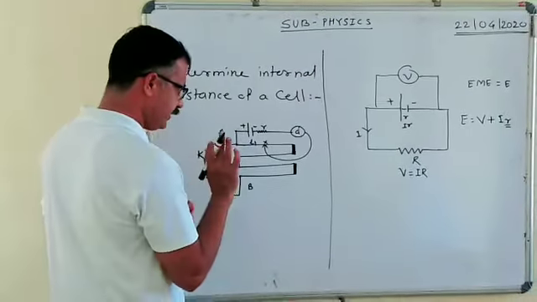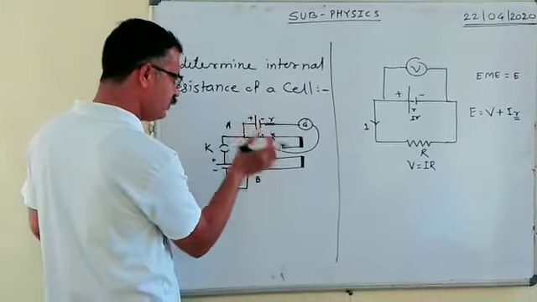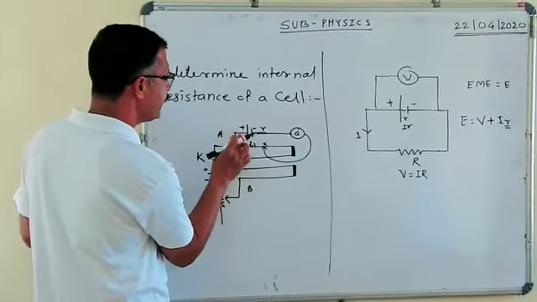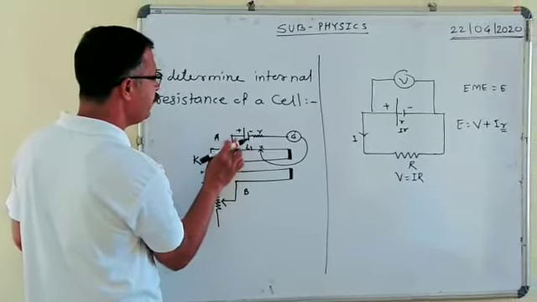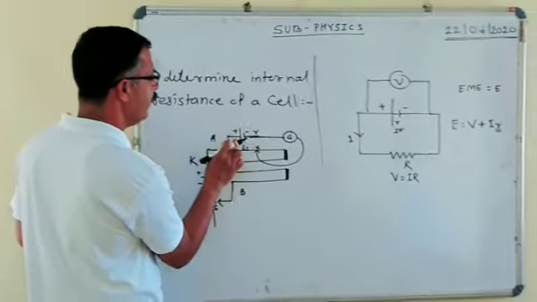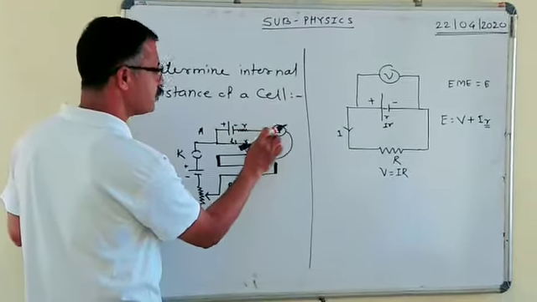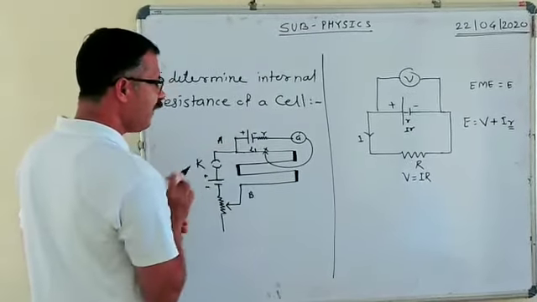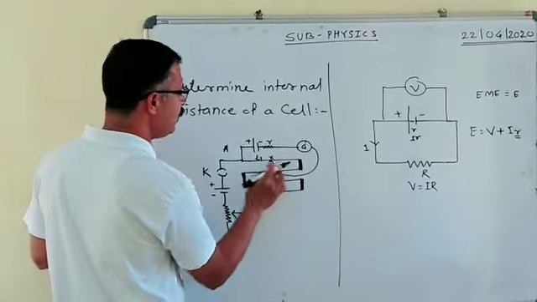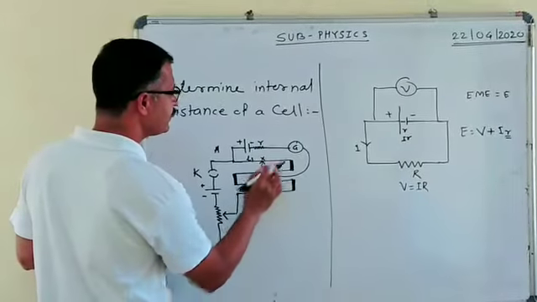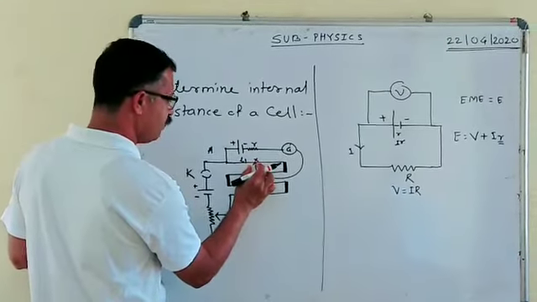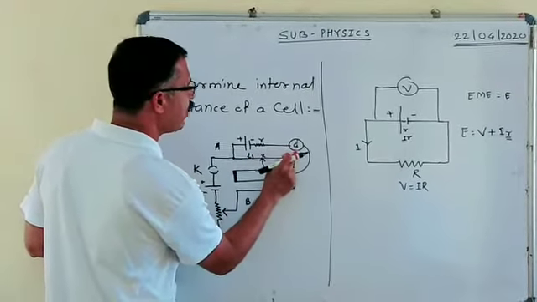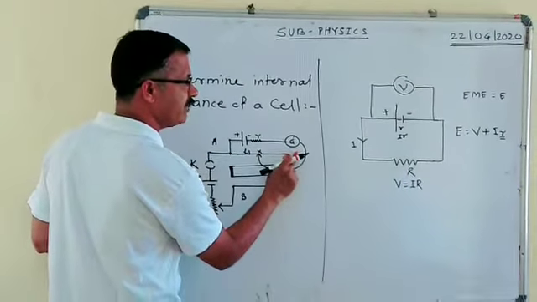Now the cell whose internal resistance r is to be determined is connected at point A with its positive terminal, while it is connected to a galvanometer through a jockey. If I touch this jockey on a point anywhere on this wire of the potentiometer, at a certain point X, this galvanometer shows zero deflection.